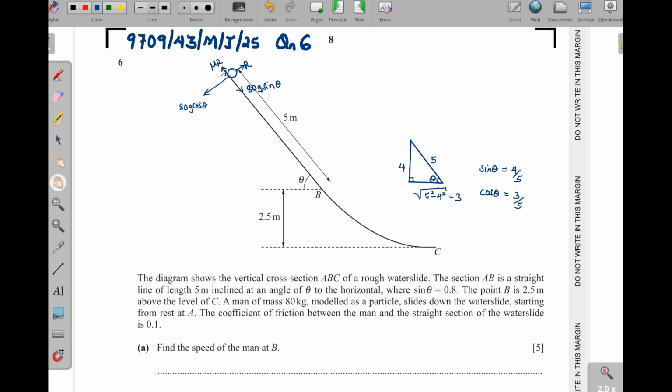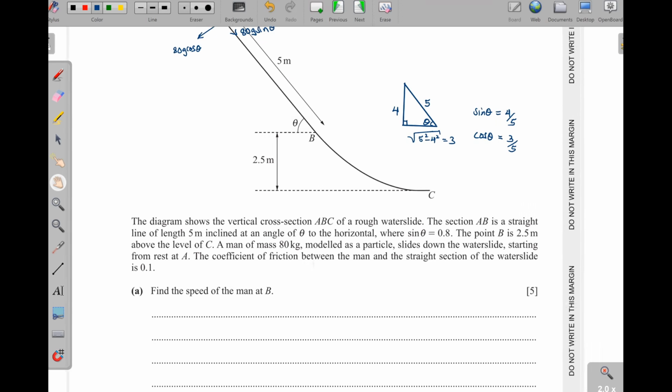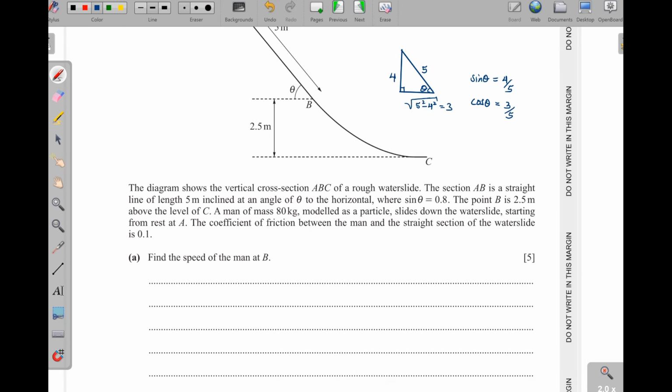Now, after that, this particle is going down. So I can say, using v squared is equal to u squared plus 2as. It is starting from rest, so we have 0 squared. We need to get the acceleration.